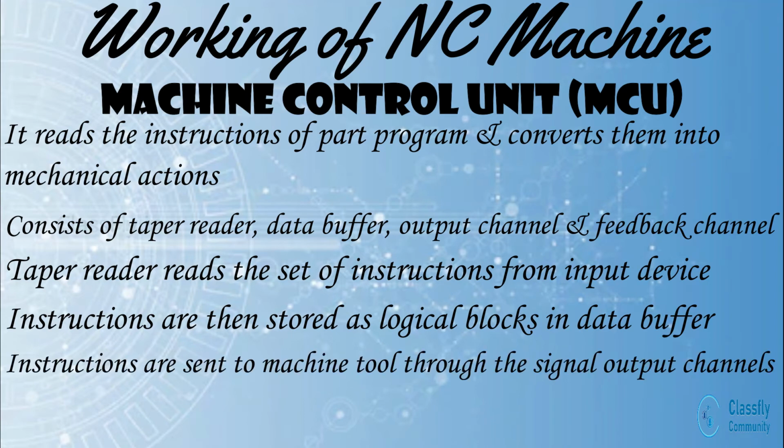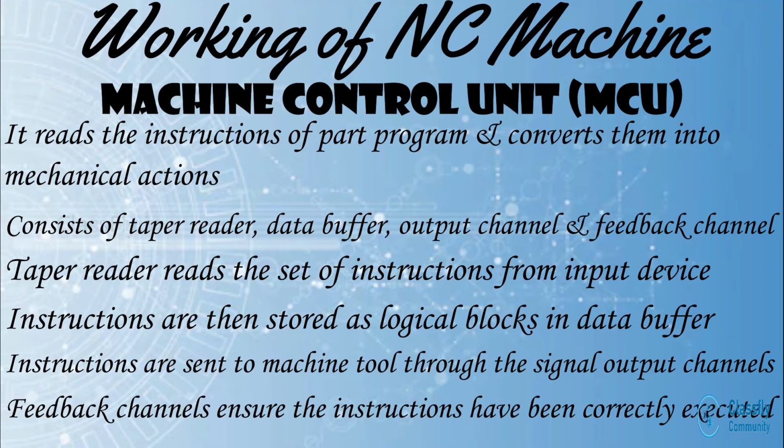The controller then sends the instructions to the machine tool via the signal output channels. In the meantime, the feedback channels from the machine tool will ensure and send the signals back to the machine control unit that these instructions have been executed correctly and the operations have been performed.